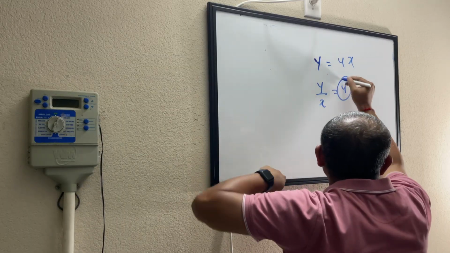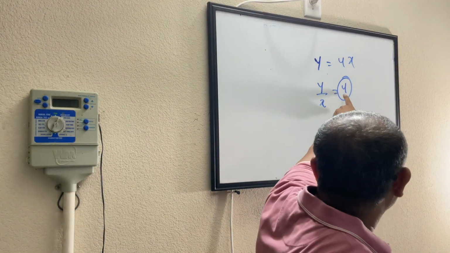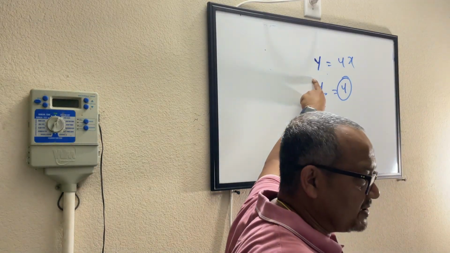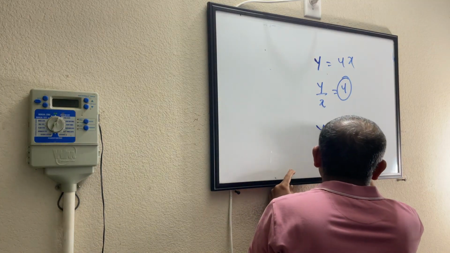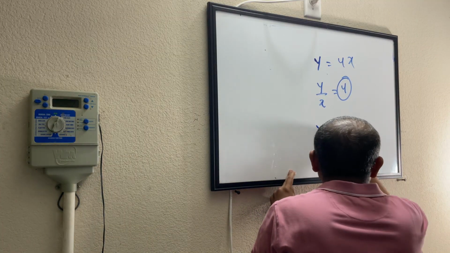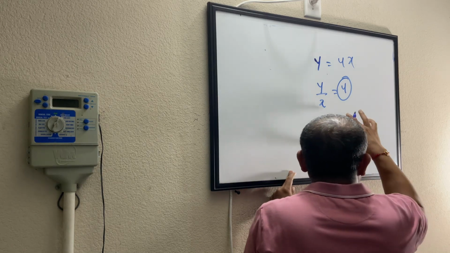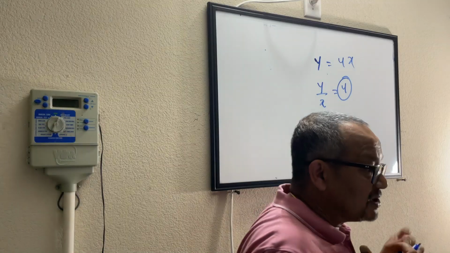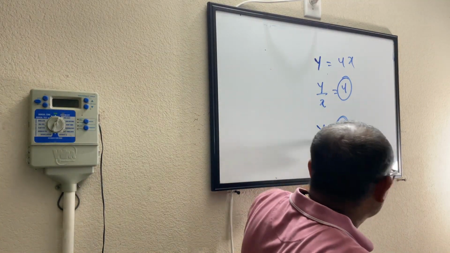This is called the constant of proportionality. That is the one that is defining the relationship between x and y. If I say y equal to 1 by 8x, this is my constant of proportionality, which is telling you the whole story of proportionality. It says y and x are related in this way.